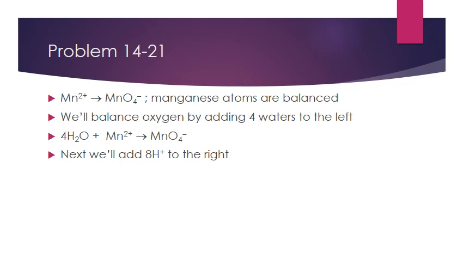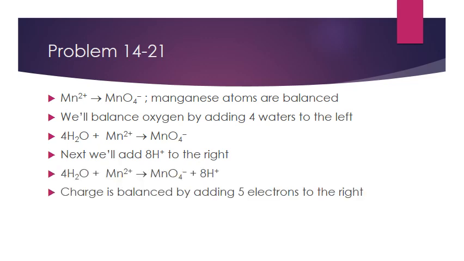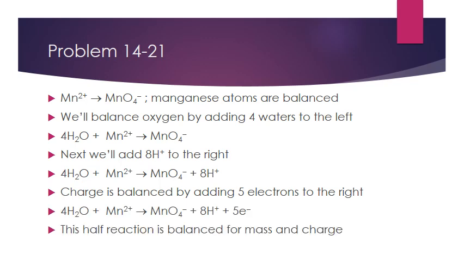Add 8H+ to the right-hand side because we've got 8 hydrogens on the left. Okay, we're going to add 5 electrons to the right, and that will balance our charge. We've got a +2 charge on the left, and we have a +7 on the right. 5 electrons will balance our charge.